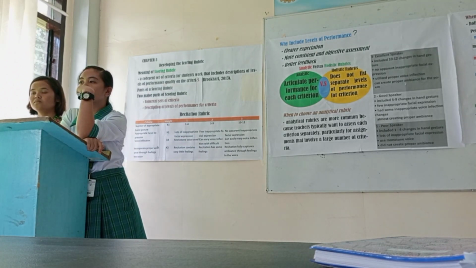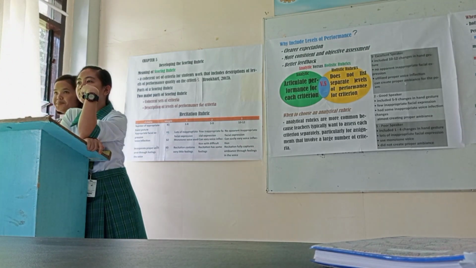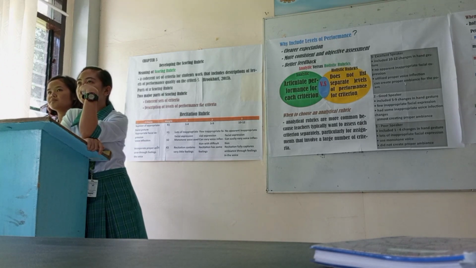Like for example, nagbigay siya ng 5 or 3. Then sa 5, if your work is maganda, excellent, at nag-cooperate lahat ng grupo, bibigyan siya ng 5. Saka sa content, kung maganda yung content niya, bibigyan siya ng 5. Then sa 4 naman, kung naka-describe lahat doon, bibigyan ng scores.